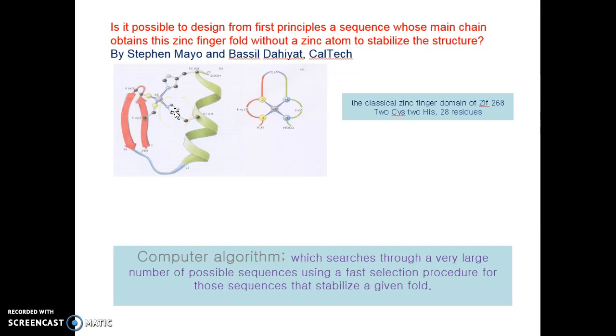They applied their own computer algorithm to this problem. Briefly, this algorithm searches through a very large number of possible sequences using fast selection procedures for those sequences that stabilize a given fold.